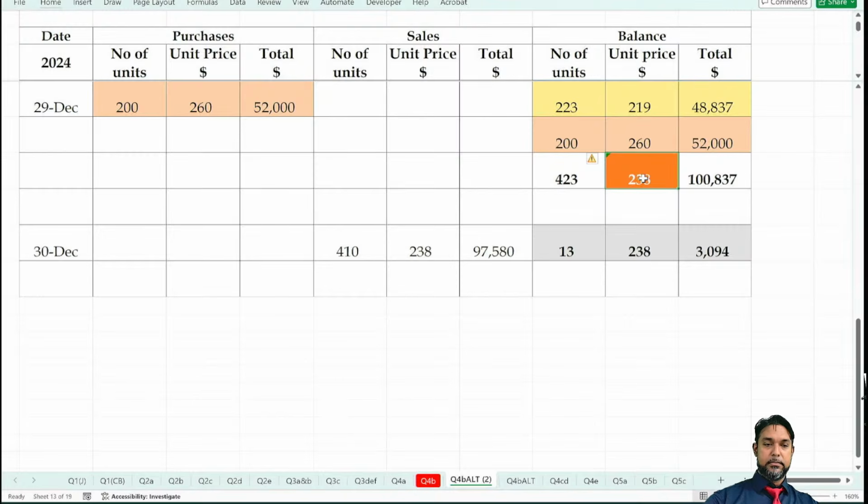What are you getting? Okay, let's check it out. So this divided by this. Yeah, 238. I don't know. I check it again. Clear the memory.